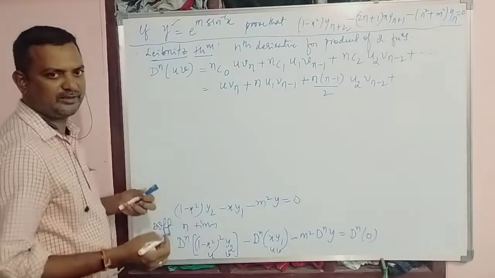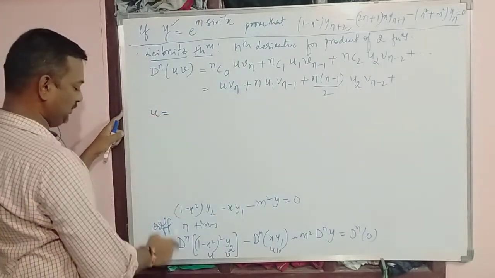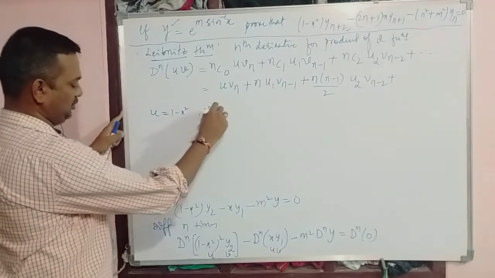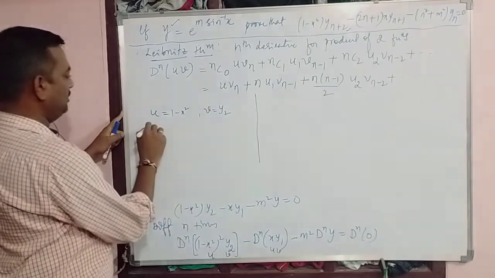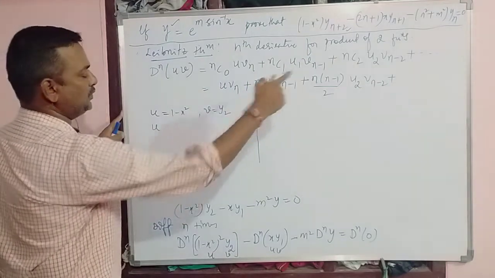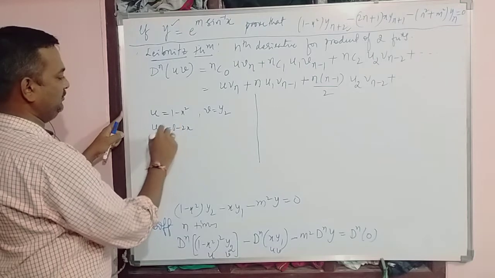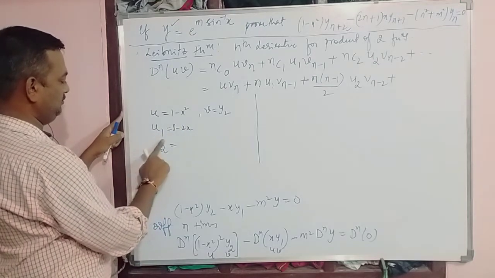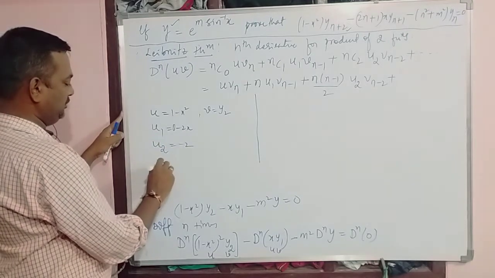To make a very simplified form, in the first term u is equal to 1 minus x square and v is equal to y2. What are the requirements? We need u1, u2. What is u1? Minus 2x. What is u2? Minus 2. What is u3, students? 0.